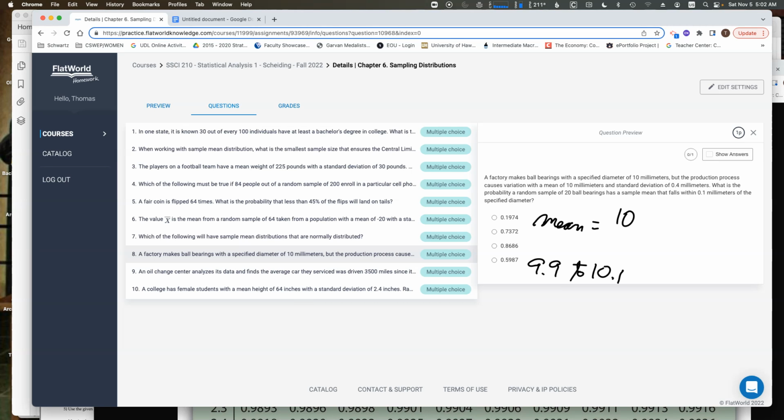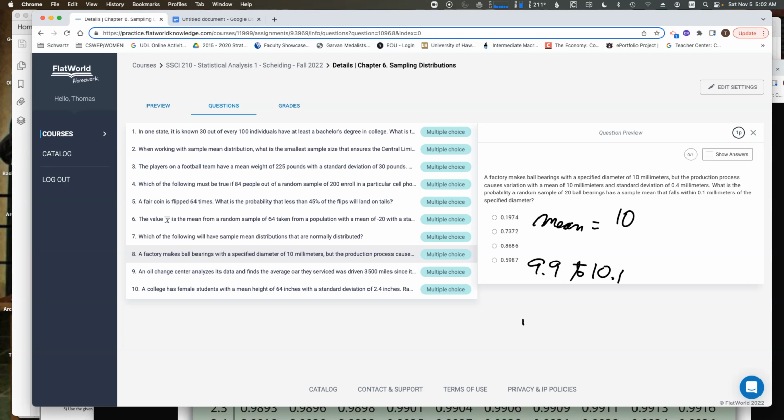So I'm using it with 9.9 first. And then I'm doing it with 10.1. And subtract the 2. Okay.